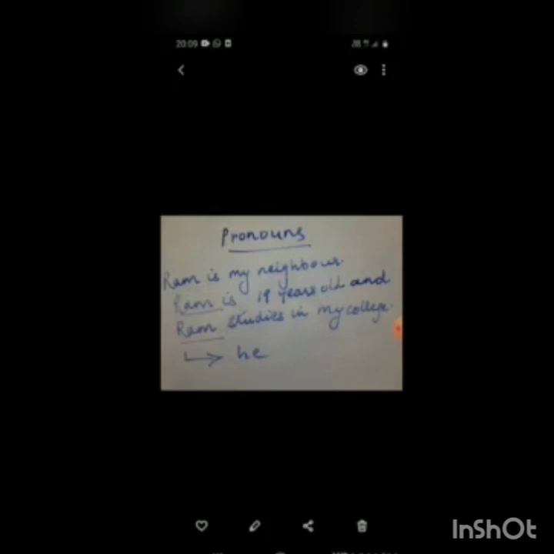Now I am using Ram again and again in two sentences. Instead of that, can I not say something like this? Ram is my neighbor. He is 19 years old and he studies in my college. Obviously, that is better. Now, a word which replaces a noun is called a pronoun.